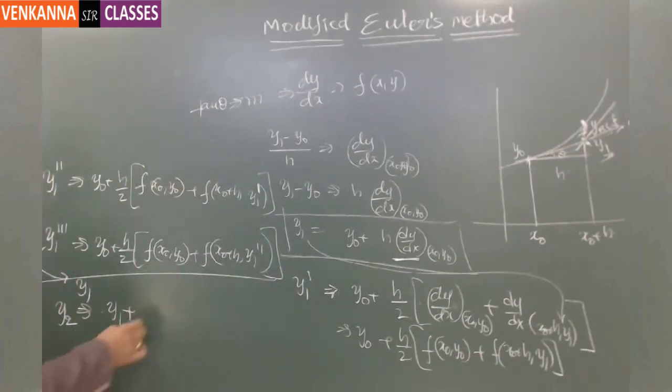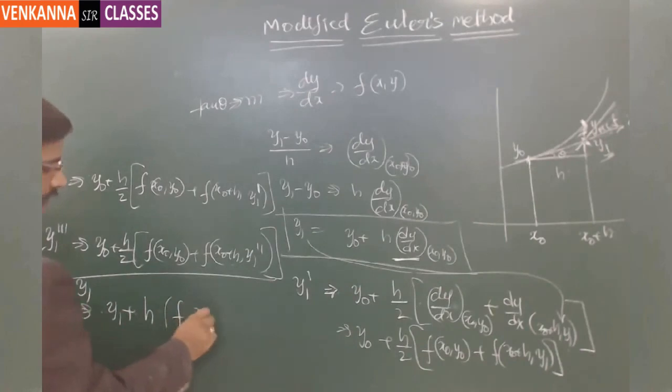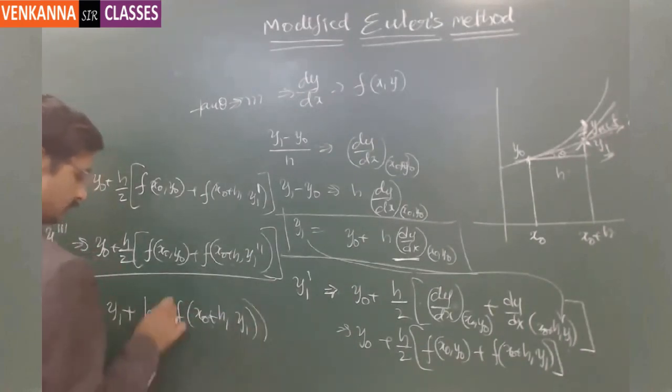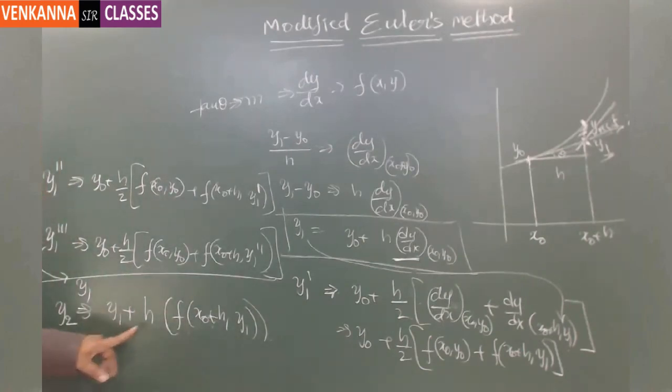So that is y1 plus h times f of x naught plus h comma y1. In the first case you calculate y2 straight away: y1 plus h times f of x naught plus h comma y1, and this value will give y2.